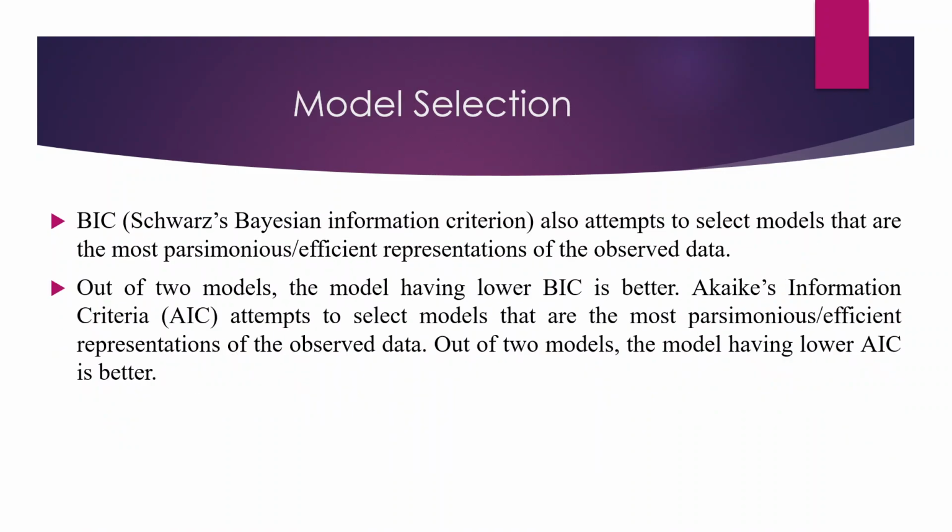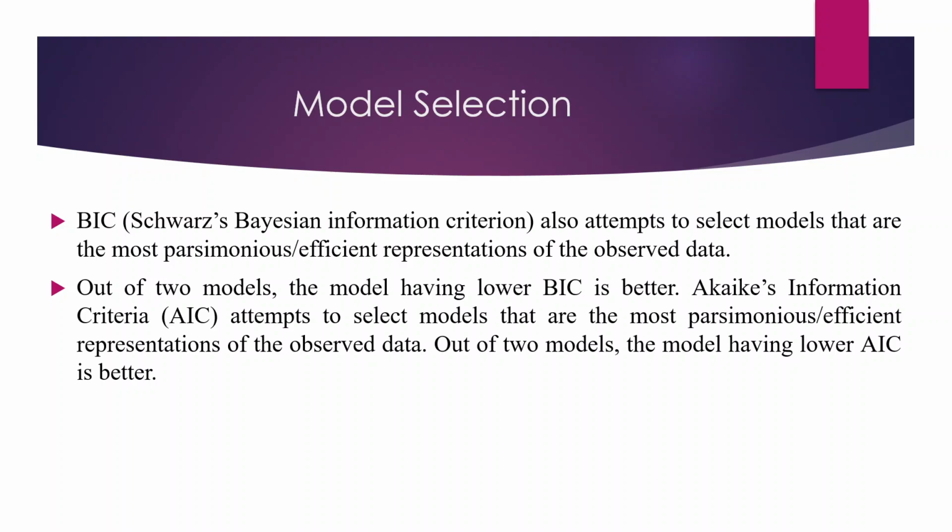Then we have some criteria also, like the Akaike information criterion and the Bayesian information criterion. The thing which you should remember in all these criteria is that, for example, if you have two models and you have the Akaike information criterion of both of them, you will select the model whose AIC is minimum. The bottom line is lower the better.